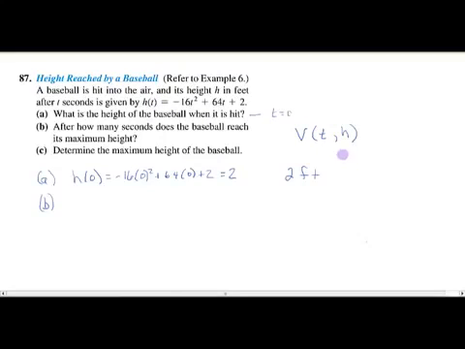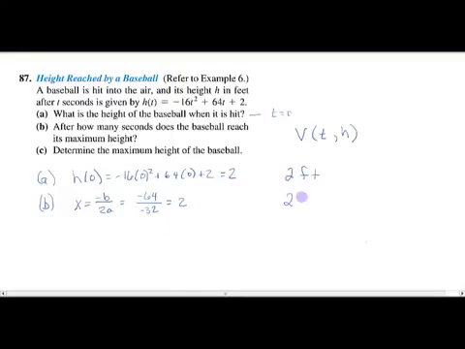So what part of the vertex are they asking for here? After how many seconds? So they're asking for the x part of the vertex here. And we know to find the x part of the vertex, we use x equals negative b over 2a. That gives me a negative 64 over 2 times a, which is negative 32. So that's a 2. So after how many seconds does the baseball reach its maximum height? 2 seconds.